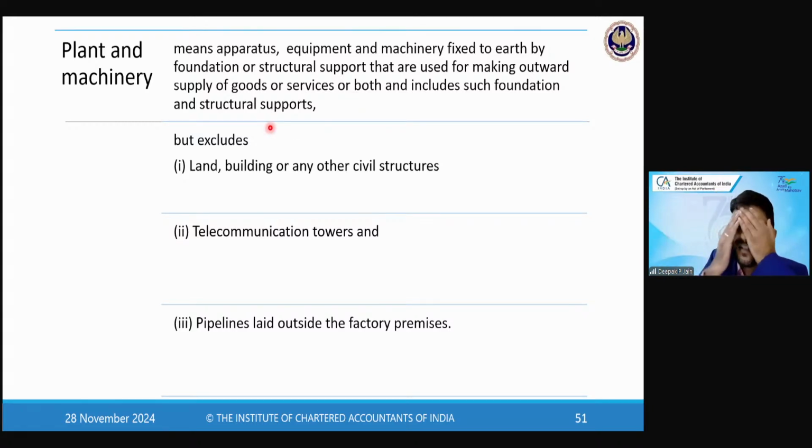So if I buy some machinery which is used for making outward supply of goods or services, then it will be treated as plant and machinery. But it excludes land, building, or any other civil structures. Telecommunication towers, even though it is a plant and machinery, are specifically excluded. And pipelines laid outside the factory premises. Pipelines inside the factory premises are allowed, but pipelines outside the factory premises are not plant and machinery. That is also defined.